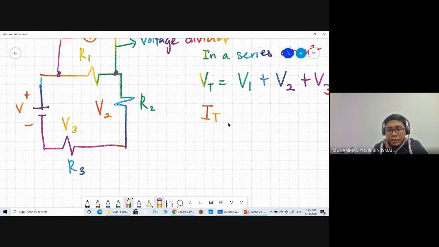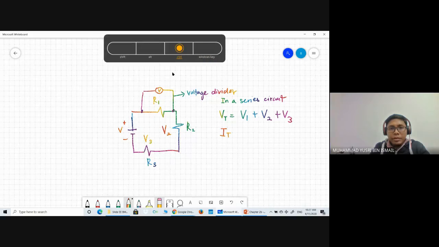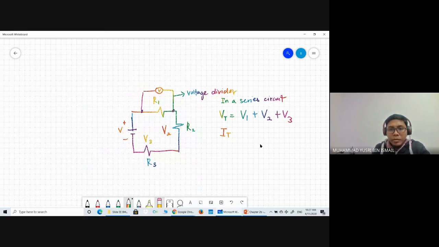I total is equal to I1 equal to I2 equal to I3.